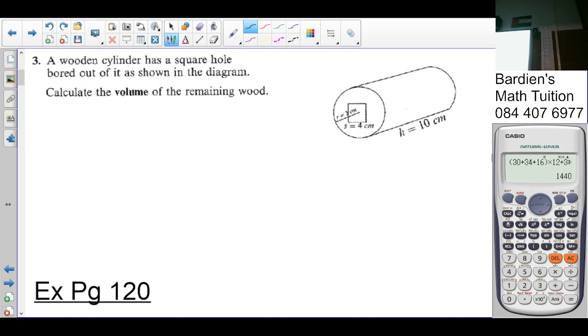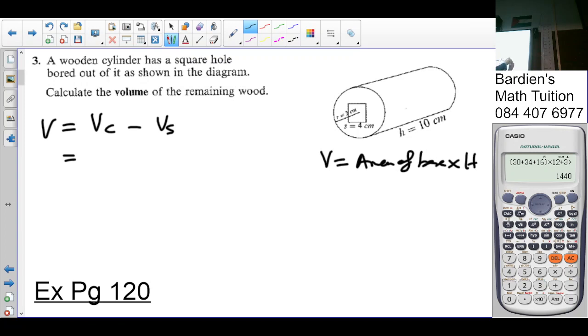Let's just calculate the volume of the remaining. So now we're not looking at total surface area. You see that? So volume is equal to the volume of the cylinder minus the volume of the square base prism. How do you calculate the volume of anything? Volume is equal to area of base times height. Not so?